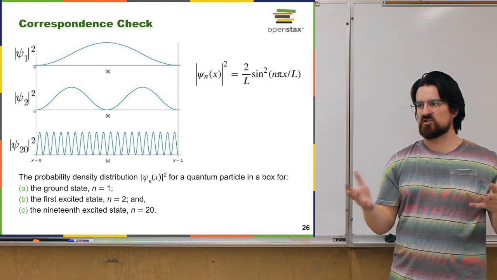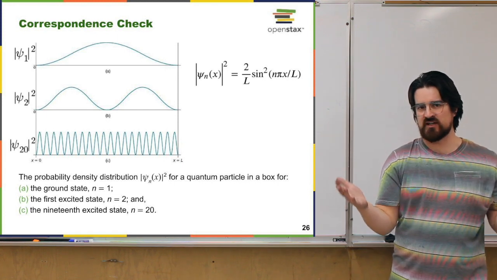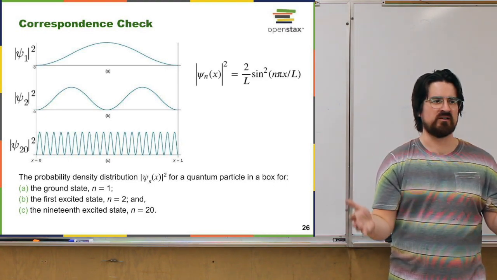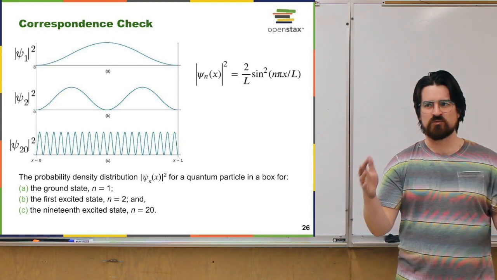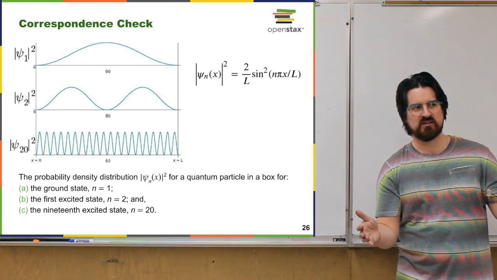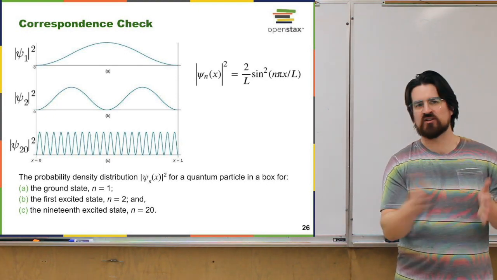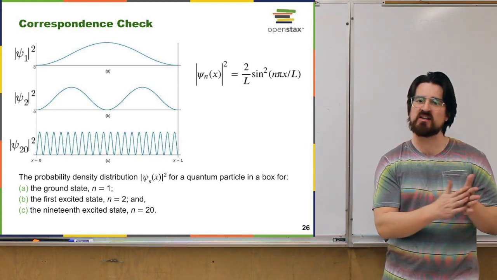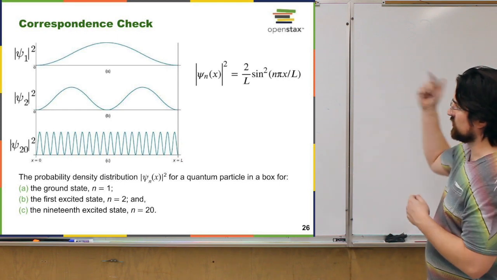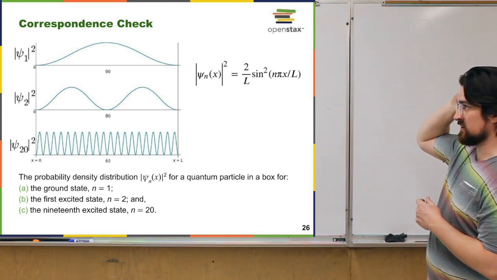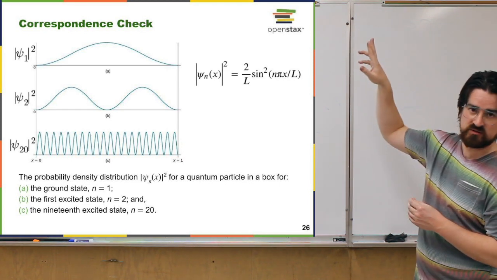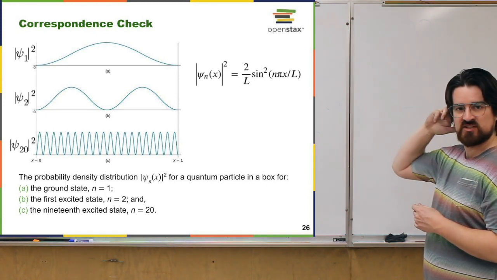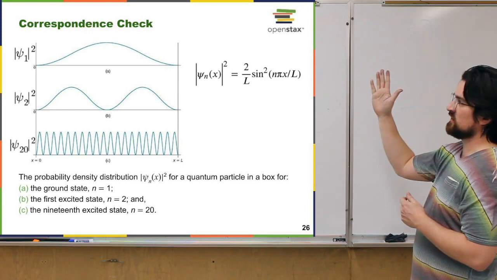But if you think about, say, a ball in a box or in a tube, like we were thinking earlier on, in a classical sense there's no real reason for that ball to be anywhere in particular in that tube, meaning there should be pretty much an even probability of it being found anywhere in that tube. However, our quantum particle in a box is preferentially found in the middle, at least when n is equal to 1. When n is equal to 2, the first excited state of this particle in a box, it switches up.